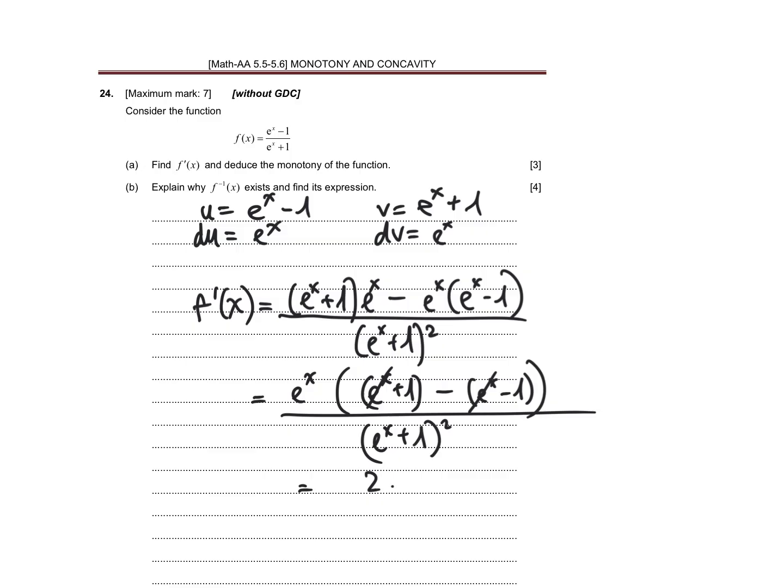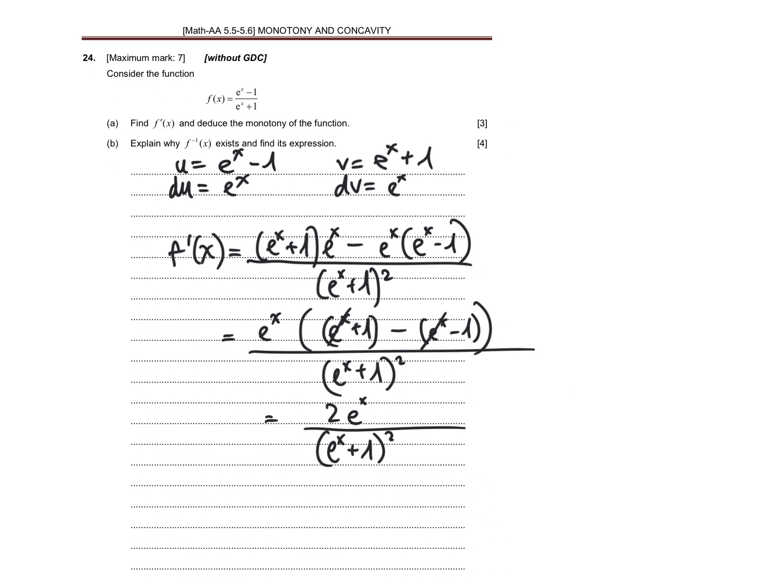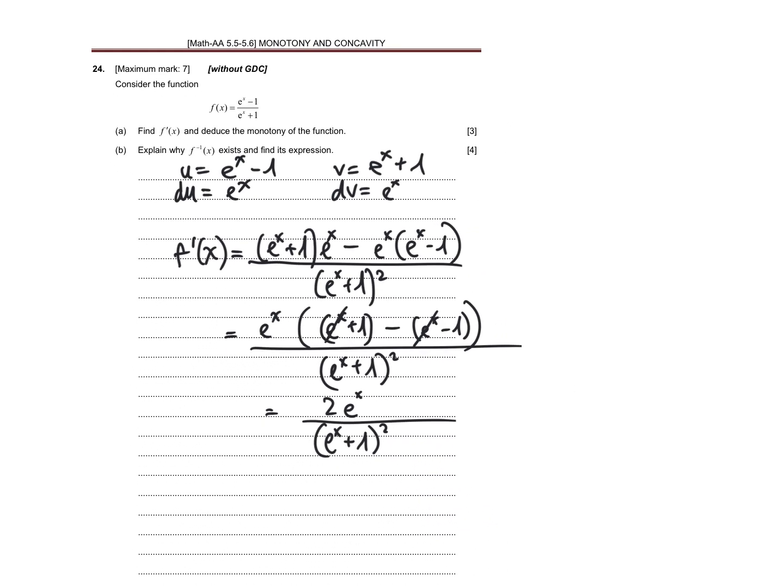So this is going to be 2e to the x over e to the x plus 1 squared. Okay, so this is going to always be greater than 0. Like if we set this equal to 0, cross multiplying, we'll have 2e to the x is 0, e to the x is 0, and e to the x is never 0. It's always above 0, because remember the graph looks like that.